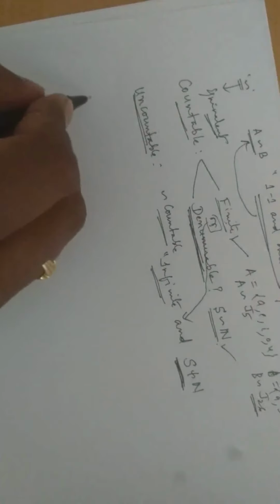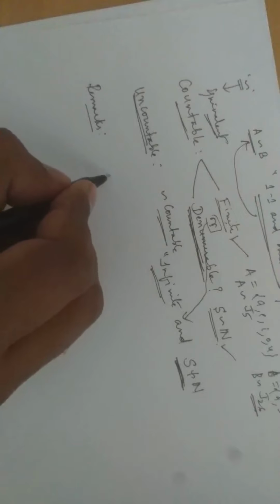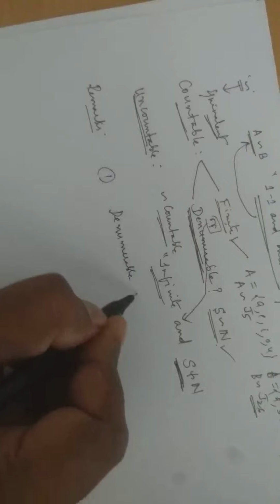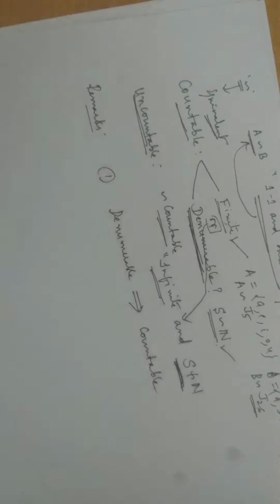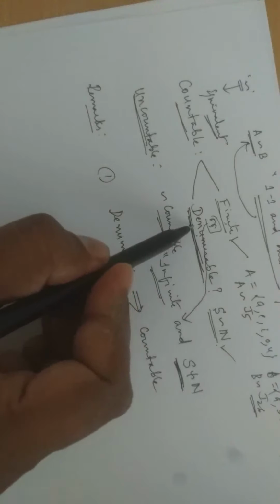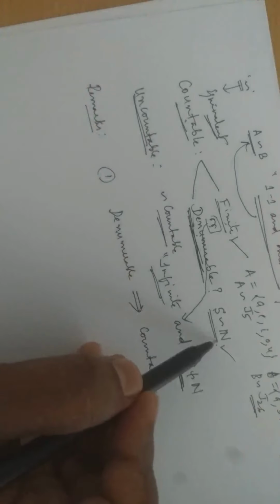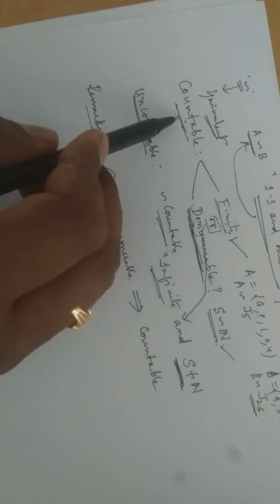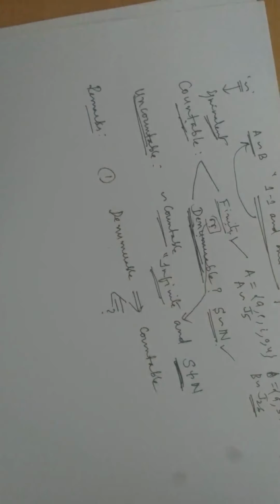Now, we start with the remarks. The first remark is, if a set is denumerable, it implies that it is countable. It means if it is denumerable, it will come into this, so it will imply it's countable. If it is equivalent to N, I can say that it is countable. Or else if it is finite, still I can say it is countable. But how about the converse? Is countable implies denumerable?